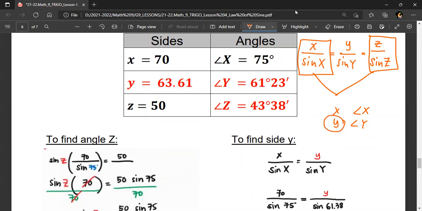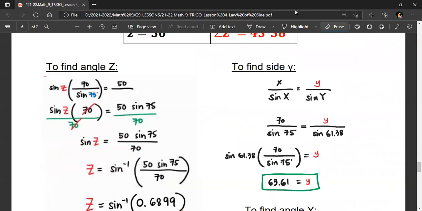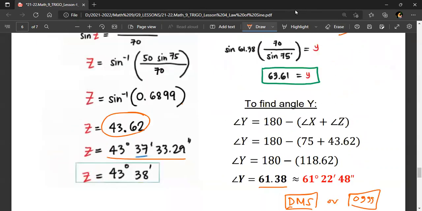Thus, we will use the relationship X over sine angle X is equal to side Y over sine angle Y. So we will substitute the givens such as 70, 75, and 61.38. The 61.38 was computed as the angle Y.